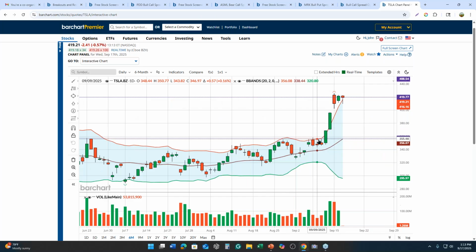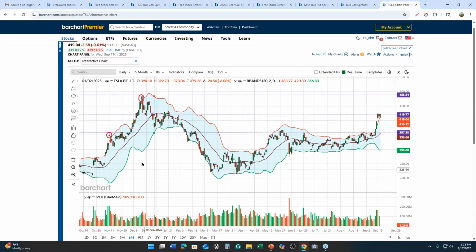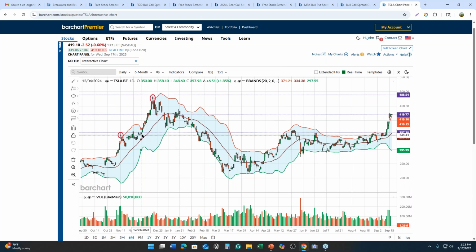You can see where our bands were kind of flat and then flared out. That is a really good indication you're going to get a continuation of price movement. You can see this again back here: our bands had come in, and then boom, a nice flare out, and then a continuation of price movement.